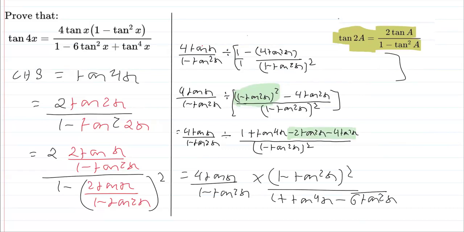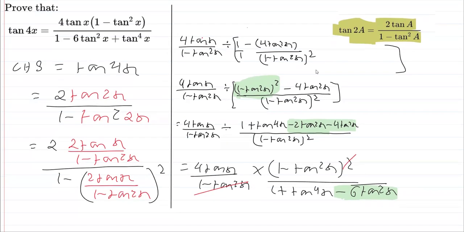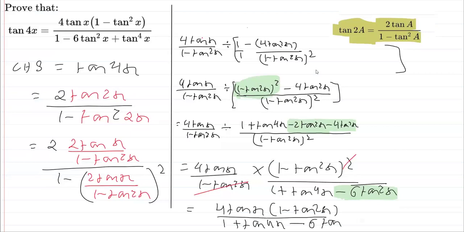Now where has this 6 times tan square x come from? From here, right? In the later part, we can see that we can reduce this because this is 1 times 1 minus tan square x, and this is the square. On the final part, this will be equal to 4 times tan x multiplied by 1 minus tan square x, and that divided by what is left as the denominator, which is 1 plus tan raised to the power 4 x minus 6 times tan square x.